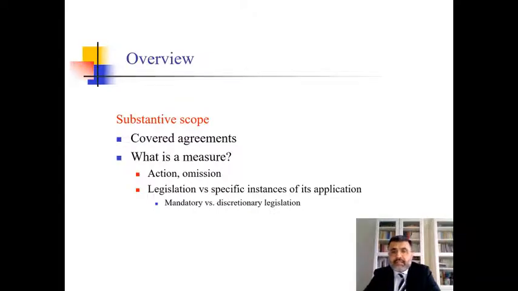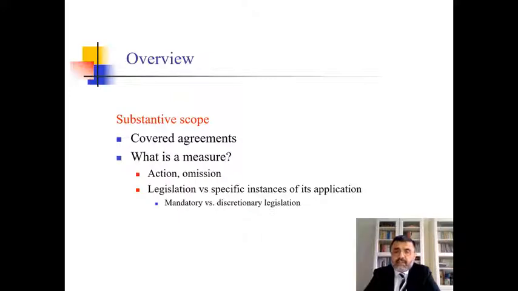So this is a very broad definition of measure, and it shows that WTO members can take issue with a lot of the instruments that are adopted by WTO members, including their statutes, their regulations, their various other legal instruments, but they can also challenge unwritten measures by WTO members.